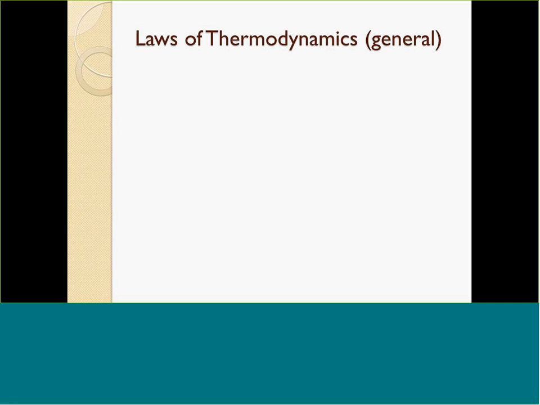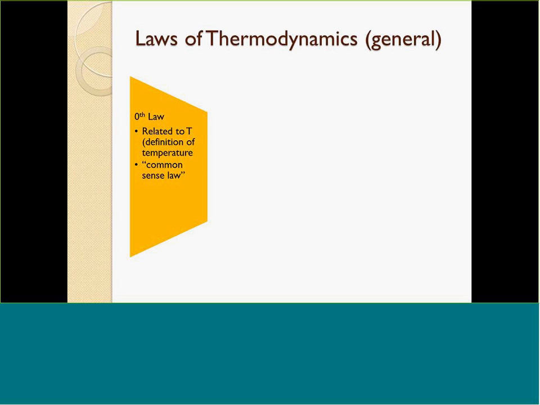Every one of these laws basically defines a quantity of thermodynamics. The zeroth law defines temperature. That's a fairly common sense idea, but it's important to define it. I call it the common sense law.